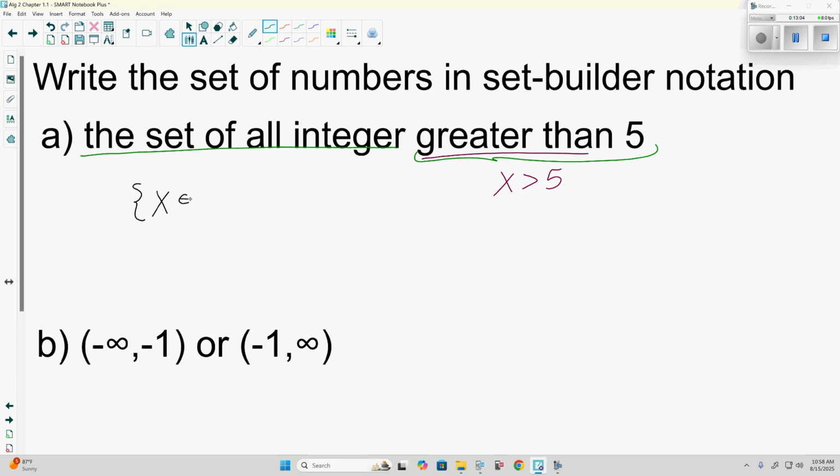So we can say x is an element of the integers, because that's why it's nice to have these here. So what we have so far, x is an element of the integers such that, what's our description? X is greater than 5. We describe the type of numbers. X is an element of the integers such that x is greater than 5. Okay.